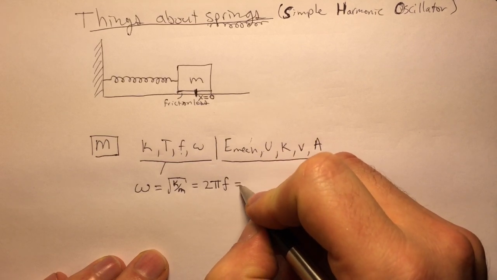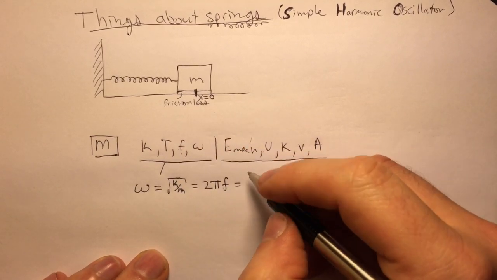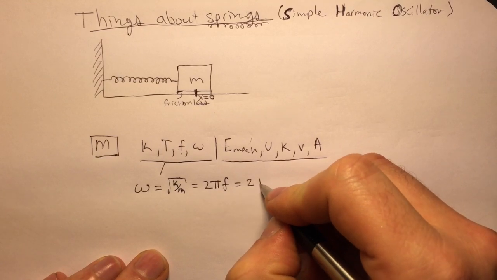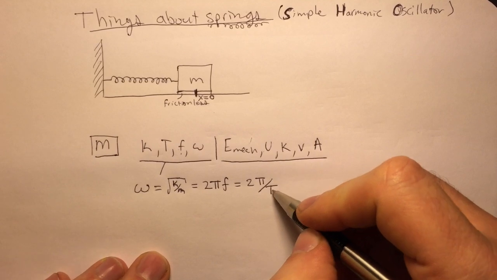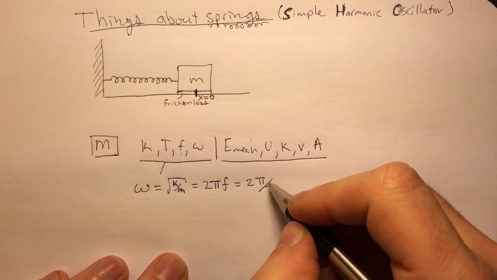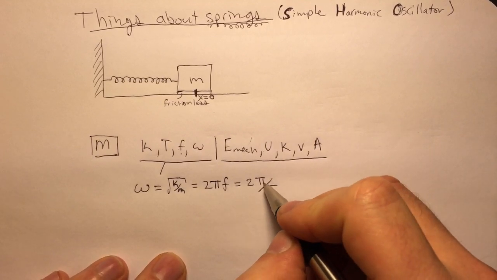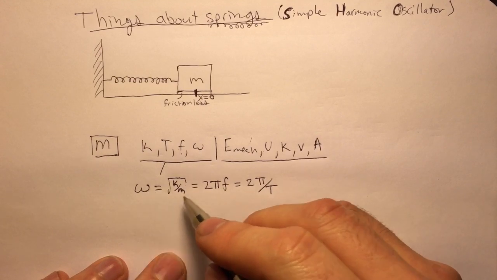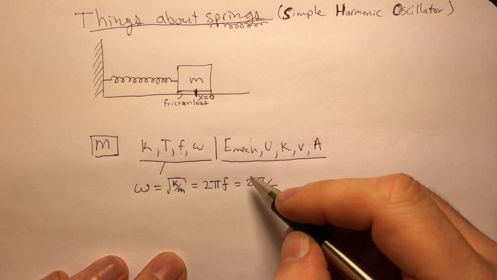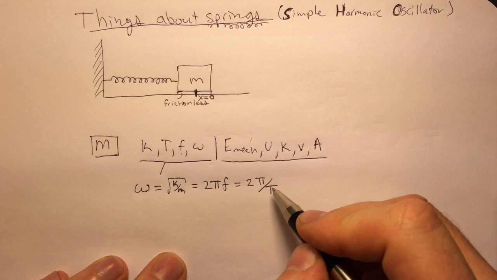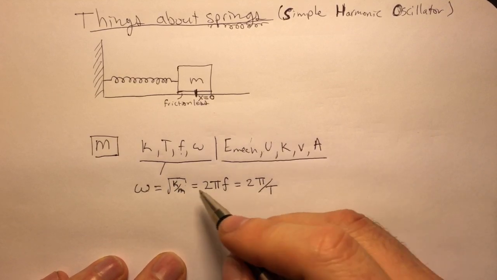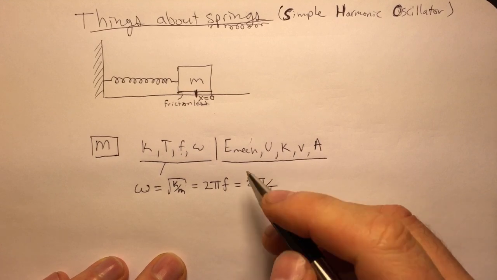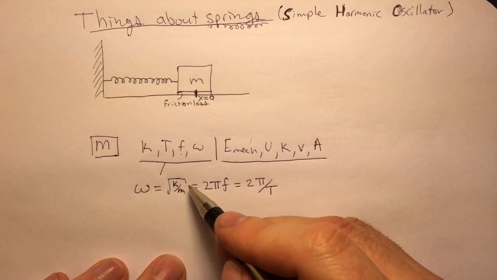And then period is just 1 over frequency. This is equal to 2 pi over period. So you could use the equality of any of these, like this is equal to that, to figure out, if you know one of them, basically the rest of them. And that's how the frequencies, periods and the spring constant are related.